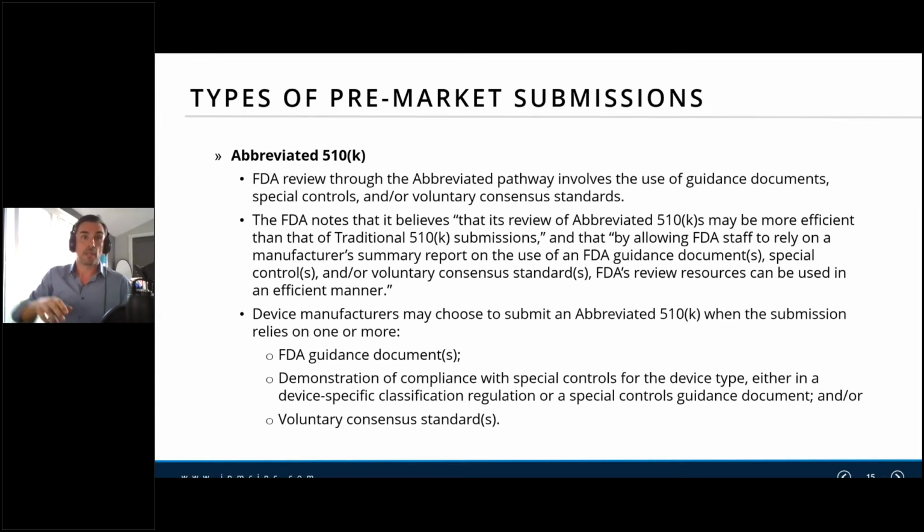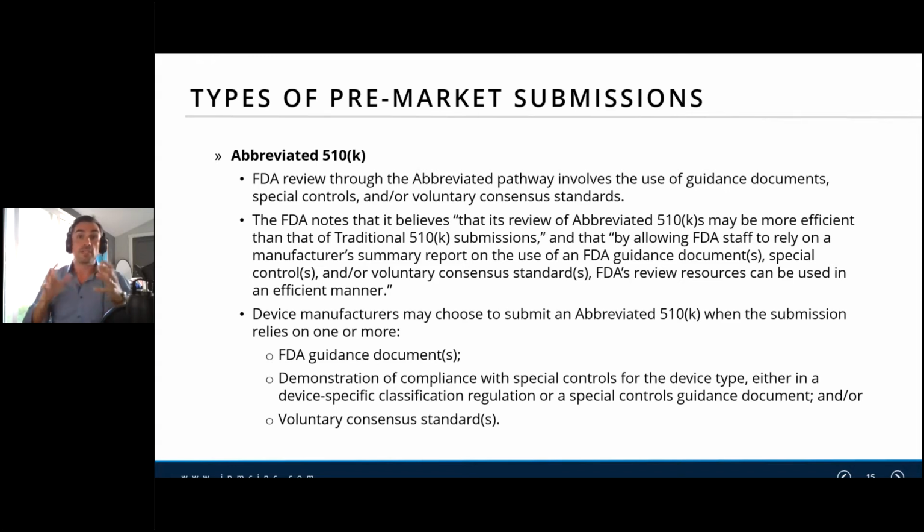Here's our results. Okay, so fundamentally, you choose to submit an abbreviated 510K when you rely on one or more FDA guidance documents, like I said, demonstration of compliance with special controls for the device type. Okay, so device-specific classification regulation or special controls guidance documents, those are forthcoming, or voluntary consensus standards.